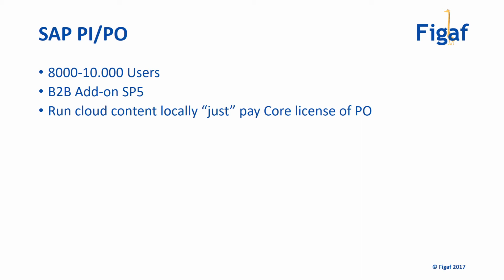Then I think the big part of this and cloud platform integration, Camel, is you can take all your cloud content, run it locally, and then you just have to pay the core license, CPU core license of your process PO system. And I think this will merge the two platforms, and you may get a chance where you say where you want to deploy this integration, instead of just saying, okay, deploy it locally or on cloud, and it makes a lot of sense.